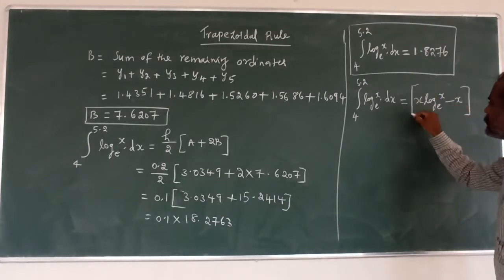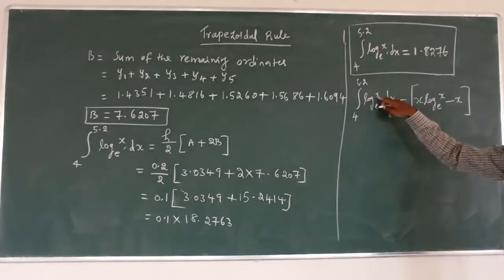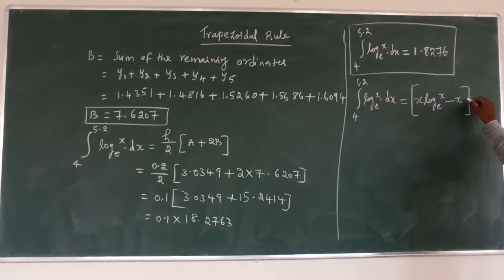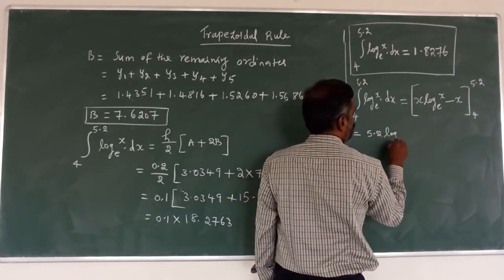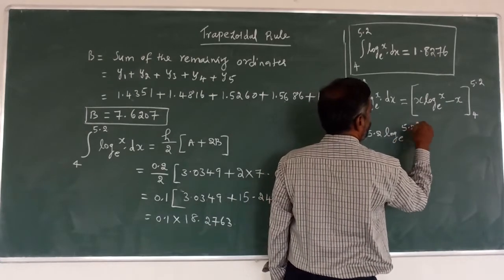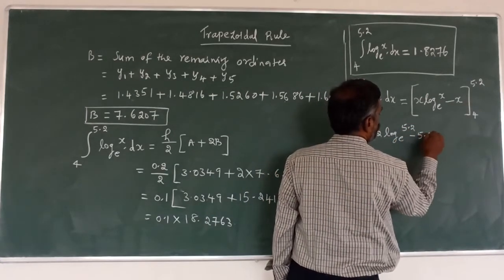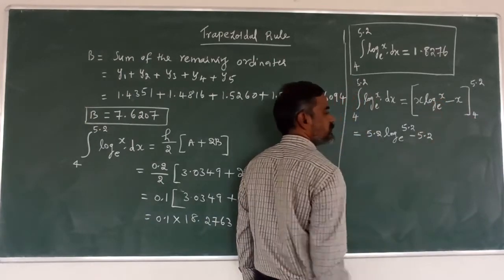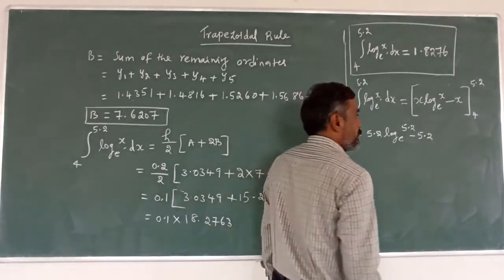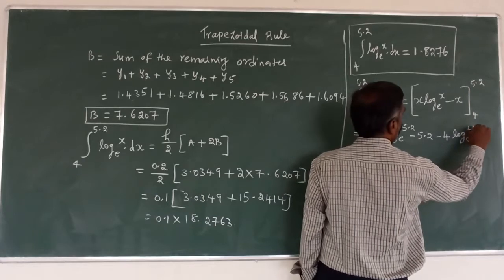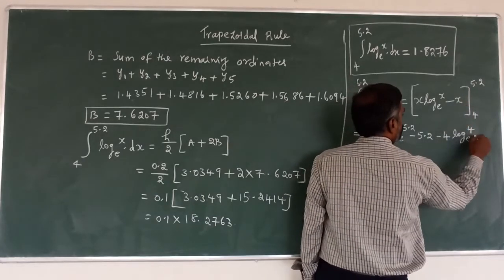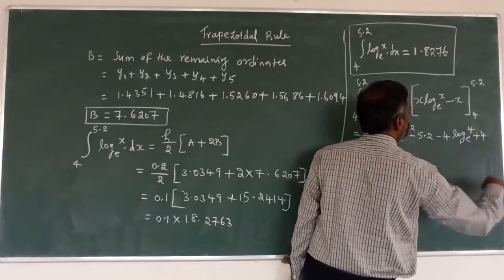This is the integration of log e x dx. Now substitute the limit 5.2 and 4. X value 5.2 log e 5.2 minus 5.2. Next substitute the lower limit, minus 4 log e 4, and here minus will be changed to plus.